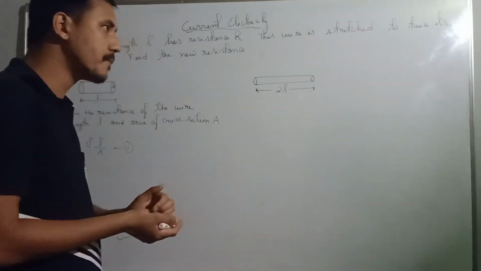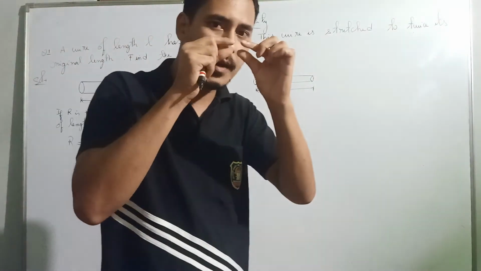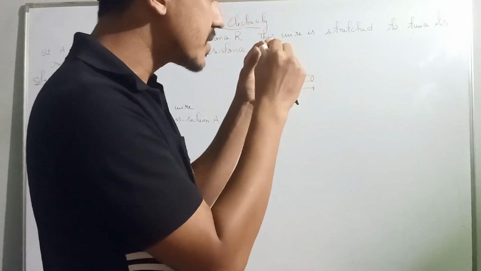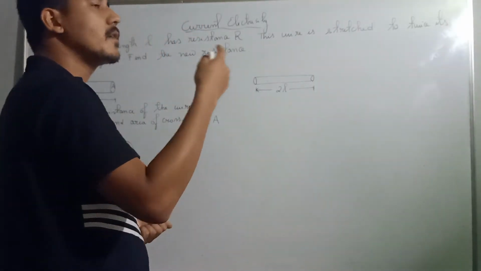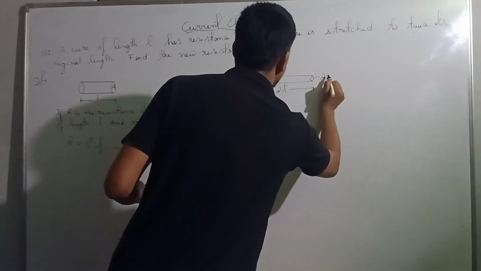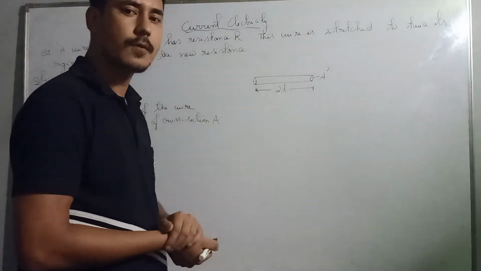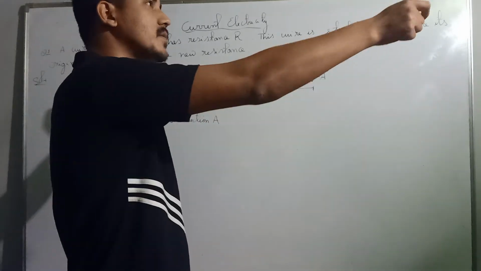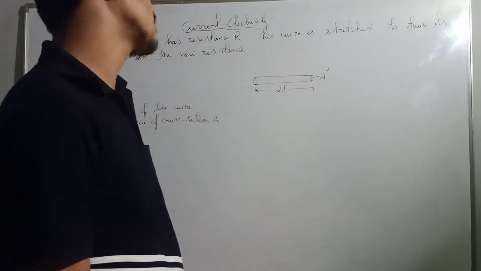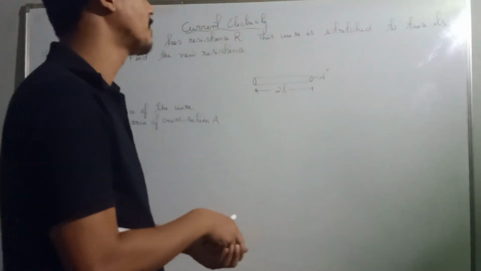If you stretch the wire, it becomes thinner and thinner. It never becomes thicker. So let A dash be the new area of cross-section after the wire has been stretched to twice its length.